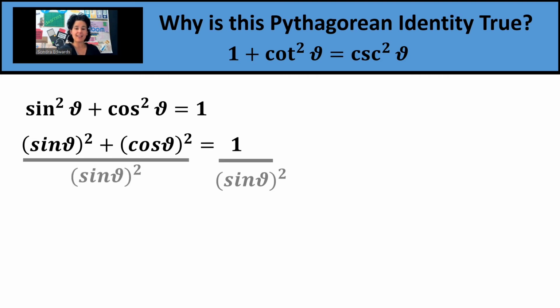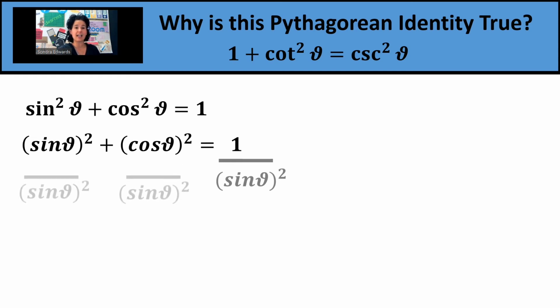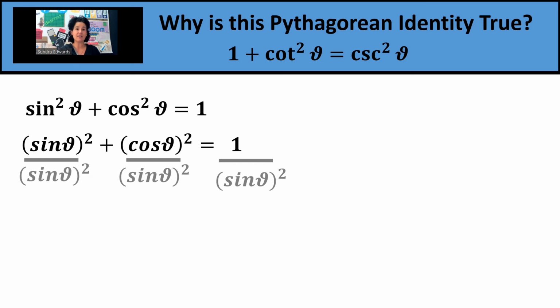Remember, dividing that left-hand side by sine of theta squared is the same thing as dividing each term by the sine of theta squared. Now we'll just simplify, starting with that first term there. So the first term, sine of theta squared over sine of theta squared, that is just 1.